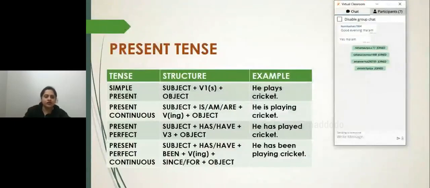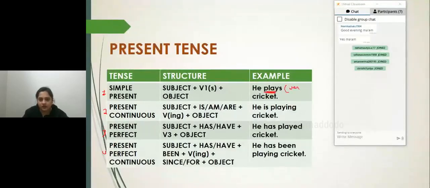Now, for you all, I've put the structure in place, and the present tense for each category. So see the four. Under present we have these four: 1, 2, 3, 4. We'll of course go about these individually also. First, understand, the first form of verb is very important here.